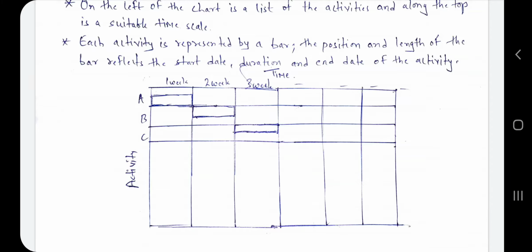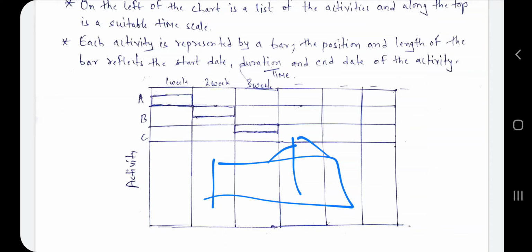Here we saw how to make a Gantt chart. But what happens if we have a big project? For a big project, we have not considered the sub project here. So for showing a sub project in a main project, we have to show the milestone also. These are our main bars, but if you want to show a subcategory, you have to show it with an arrow or make a triangle.